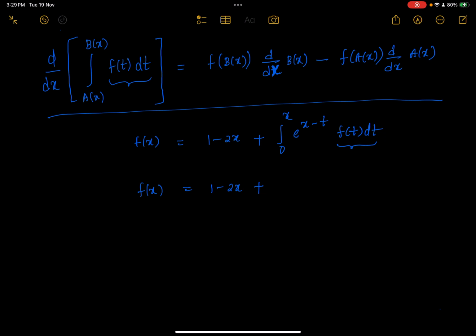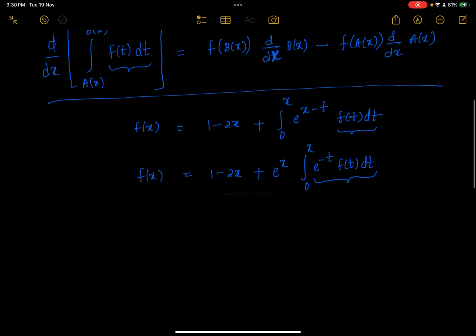Here the variable is t, so x is a constant, and e to the power x can be brought outside. Now the integral is a function of t and the limits of the integral are functions of x, so we can apply Leibniz rule here.